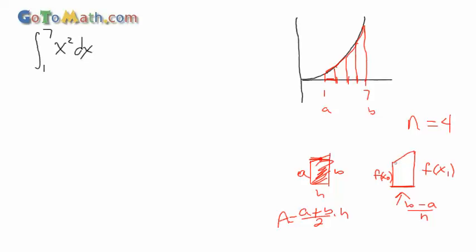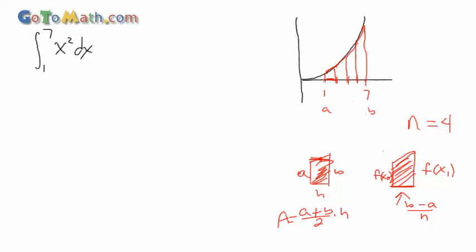Well, so we know now how to find the area of this trapezoid, right? It's going to be f of x naught plus f of x1 divided by 2, and then this h right here is this distance right here, which would be equal to h.